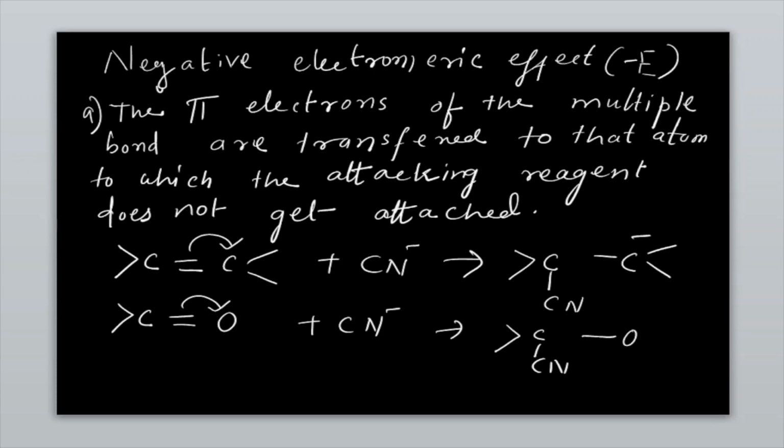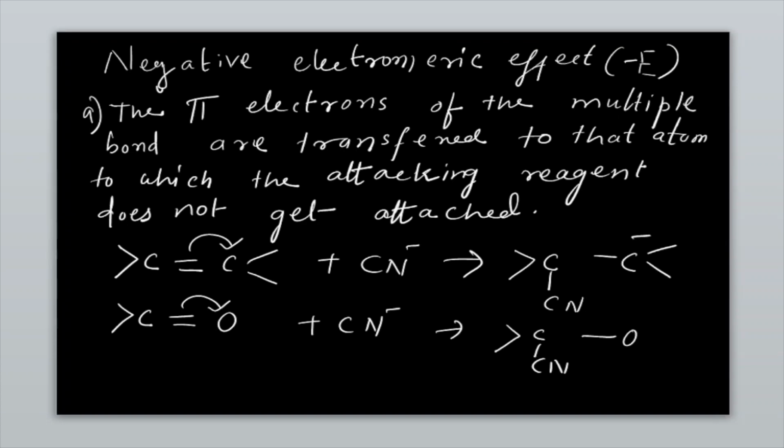But here you will see the negative electromeric effect, minus E. Because the pi electrons are very sensitive, the electron cloud is disturbed, so the electrons of the multiple bond are transferred to the carbon where the attacking reagent does not attach. That is just opposite to our positive plus E. Where there is no attacking reagent, on that side the electron transfer takes place, that is called minus E.